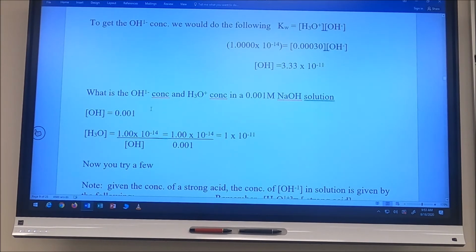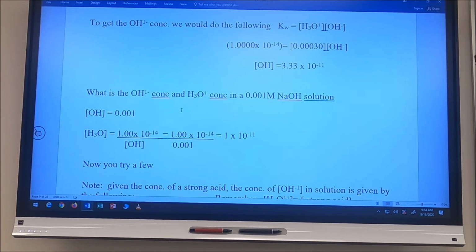Okay? So let's look at the hydroxide ion concentration and the hydronium ion concentration in a 0.0010 molar sodium hydroxide solution. Now, sodium hydroxide is a strong base. So that means that the concentration of hydroxide ions is the same as the original concentration of the salt, 0.001 molar.